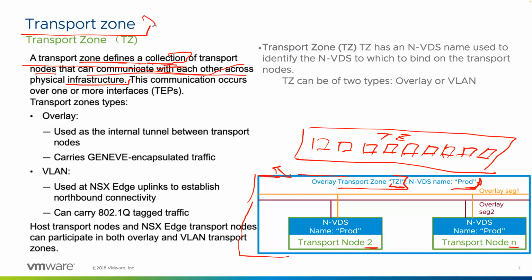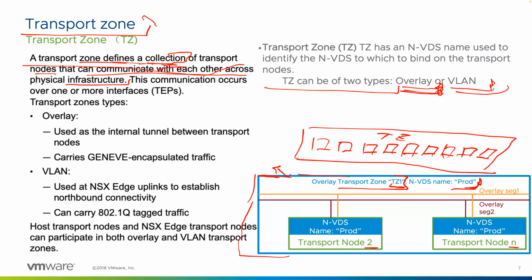That's the TZ. For TZ, we have two types: one is overlay, one is VLAN based. The overlay TZ includes overlay traffic.